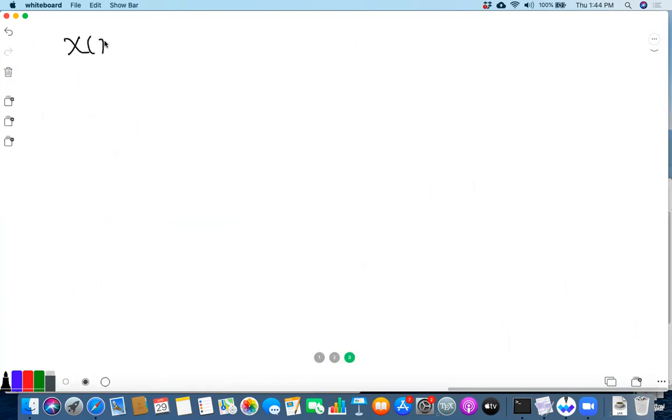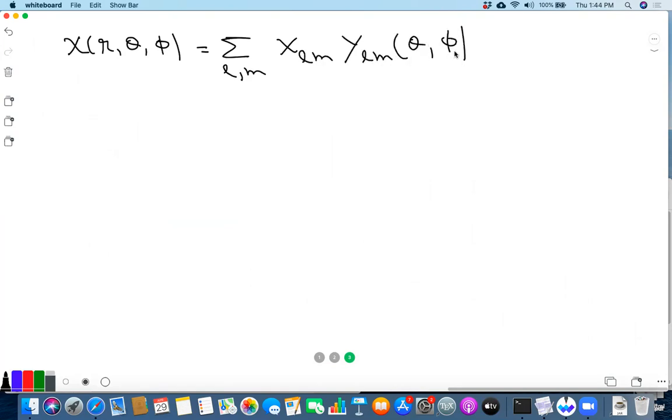So chi of r, theta, phi has the structure sum over Lm, chi_Lm, Y_Lm(theta, phi). And from what I wrote down, chi_Lm will be given by integral d cubed k over 2 pi cubed.